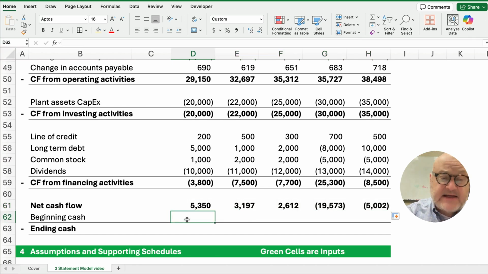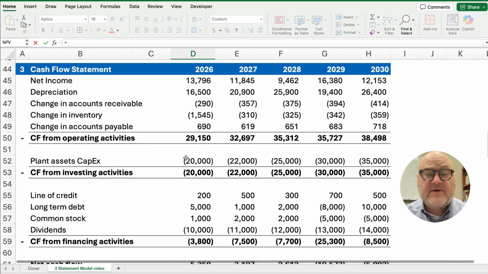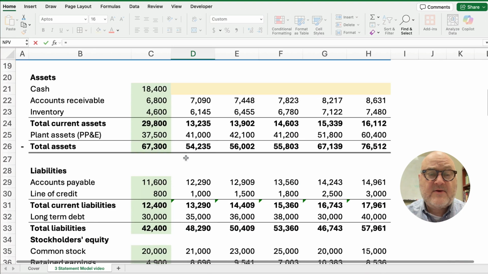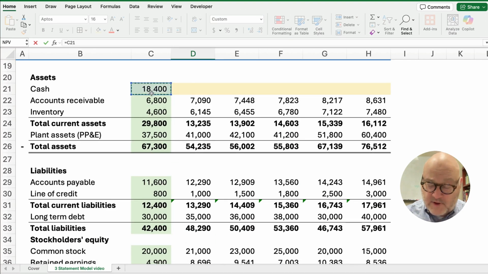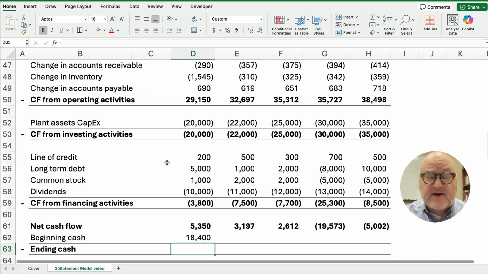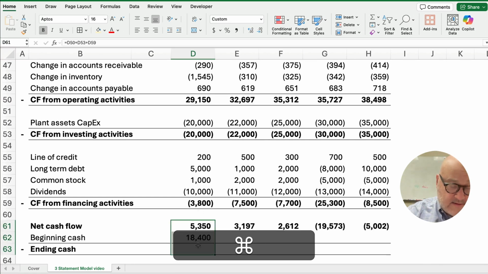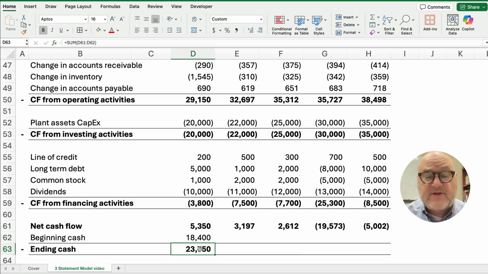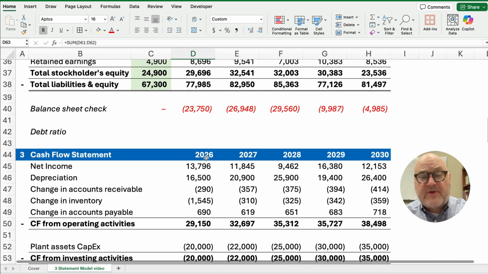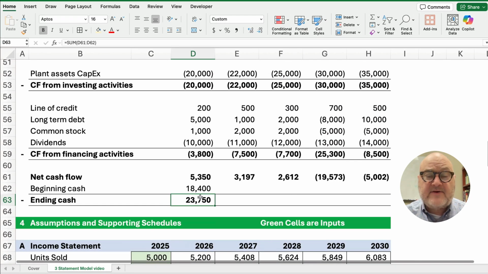The beginning cash was the number here, 18,400. And so therefore our ending cash is going to be 23,750. Now, remember I told you we already knew what that number was. That's going to be 23,750. Let's copy this across. We're finished with our cash flow statement.